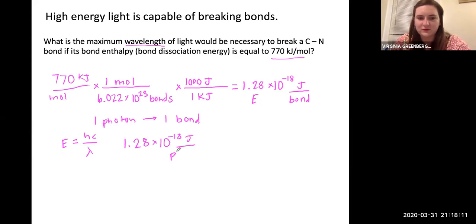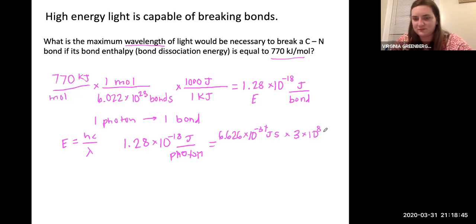I'm going to go ahead and write this as joules per photon. This will be equal to Planck's constant times the speed of light divided by wavelength, which is what we're solving for.